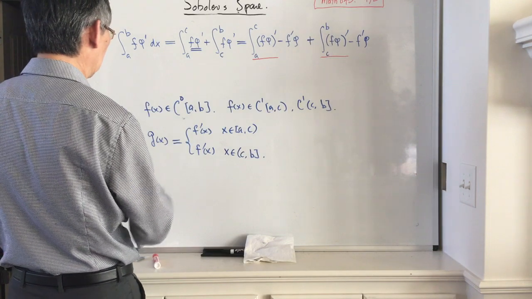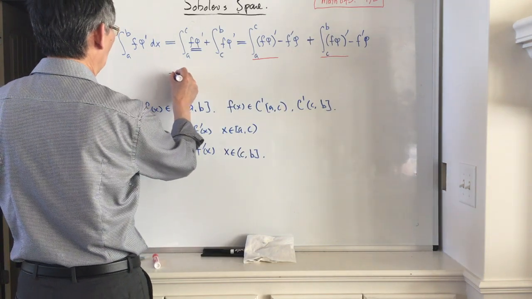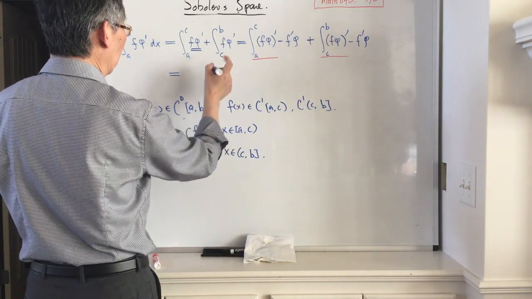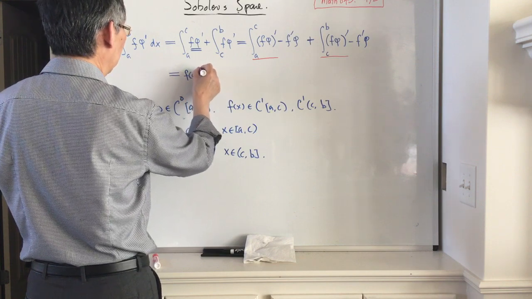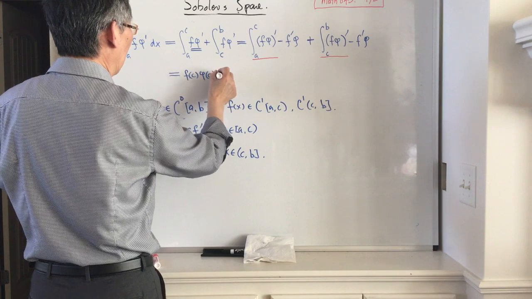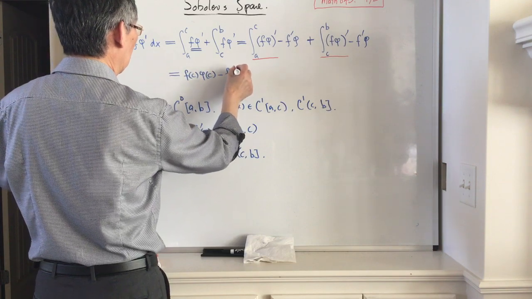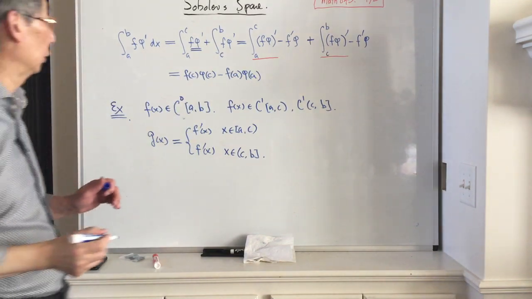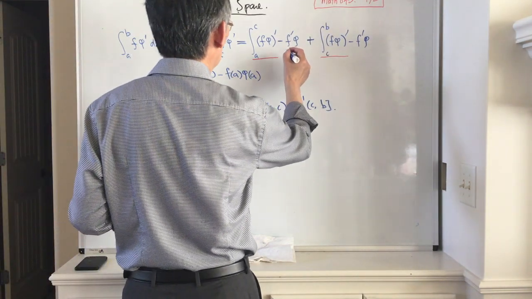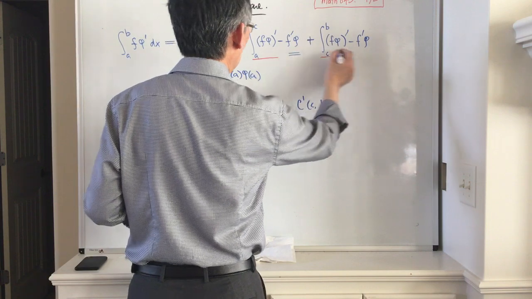Using the fundamental theorem, the first one is equal to F(C) phi(C) minus F(A) phi(A).